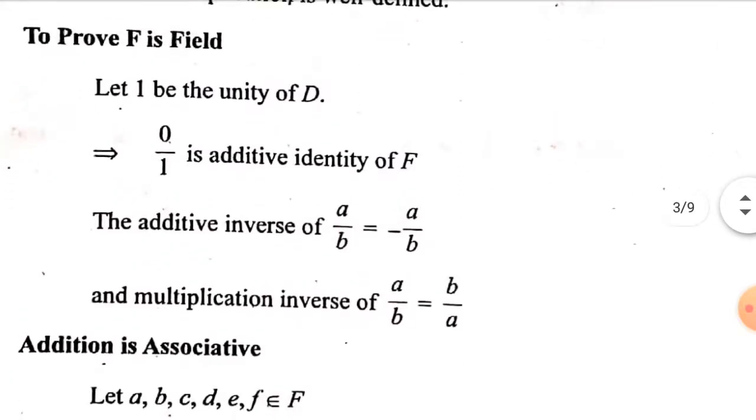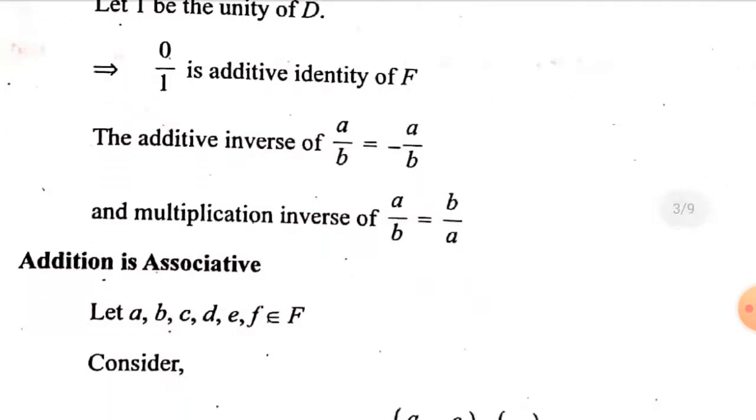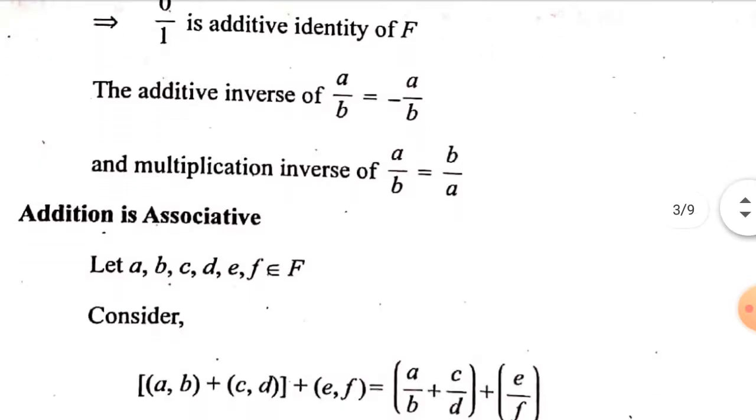First, unity means we will have 1 be the unity and we are writing 0 by 1 is the additive identity of F. Now under addition, the identity element will be 0. For this element a by b, the inverse element will be minus a by b. Under multiplication, the identity element will be 1. See, if you cancel, you will get 1.